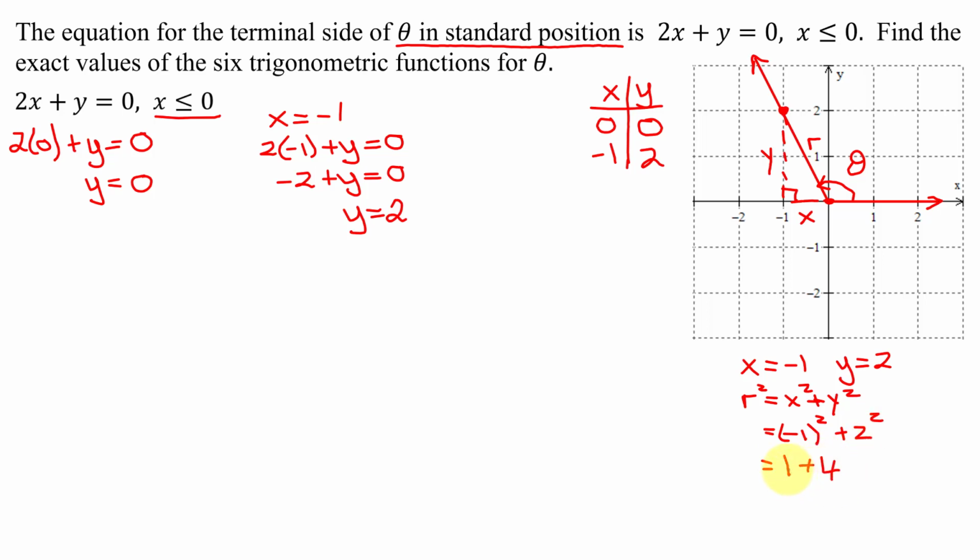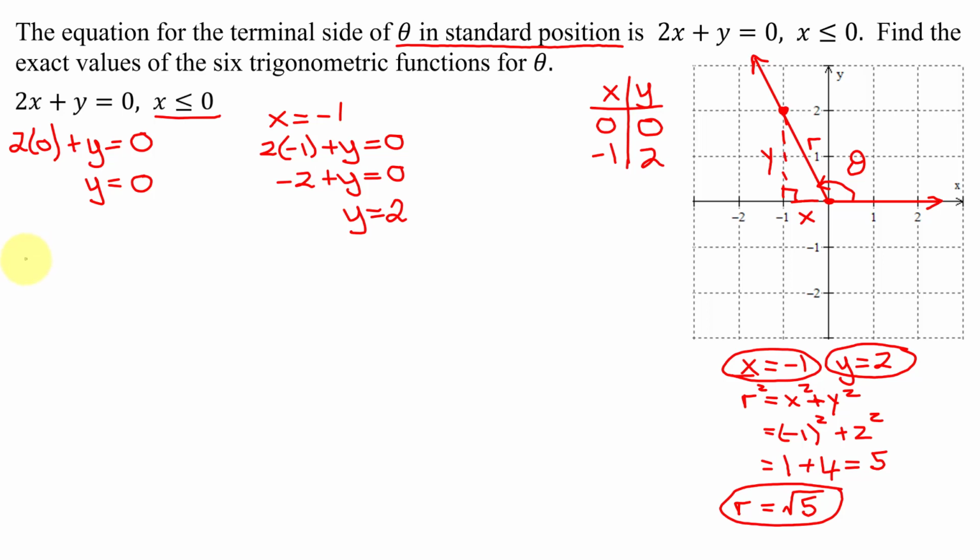So r squared equals 4 plus 1 equals 5. Remember, r is always positive, so it's going to be the positive square root of 5. So I'm going to use x equals -1, y equals 2, and r equals the positive square root of 5 to find all 6 trig functions.